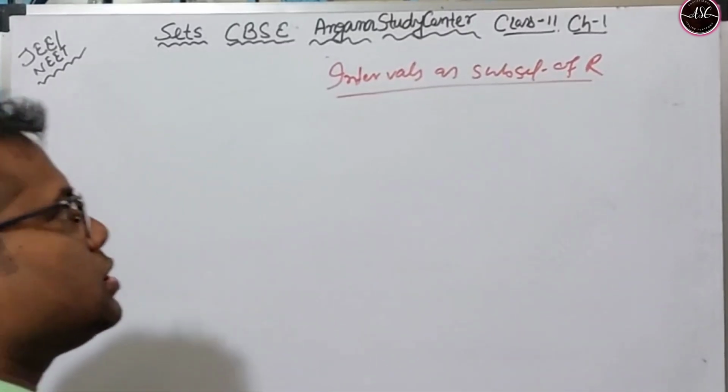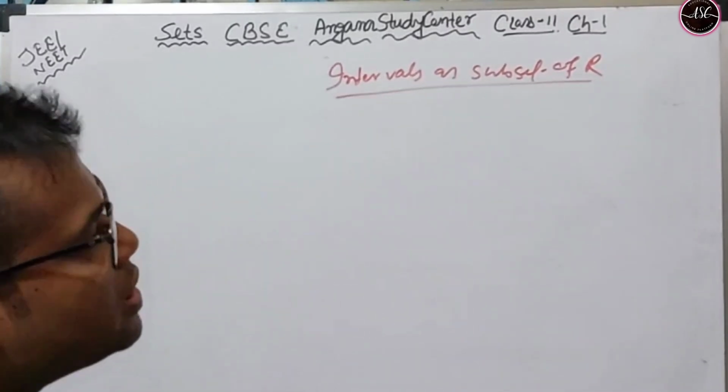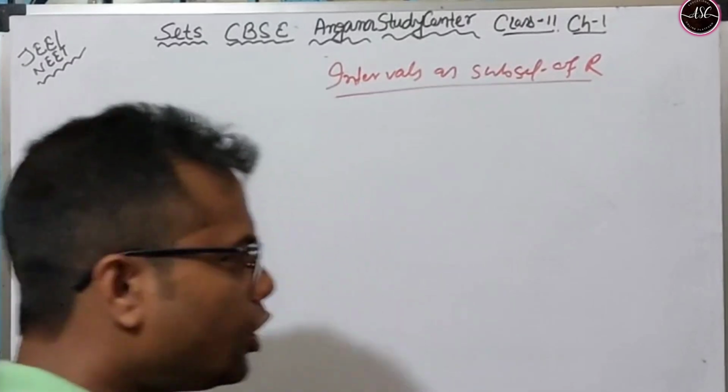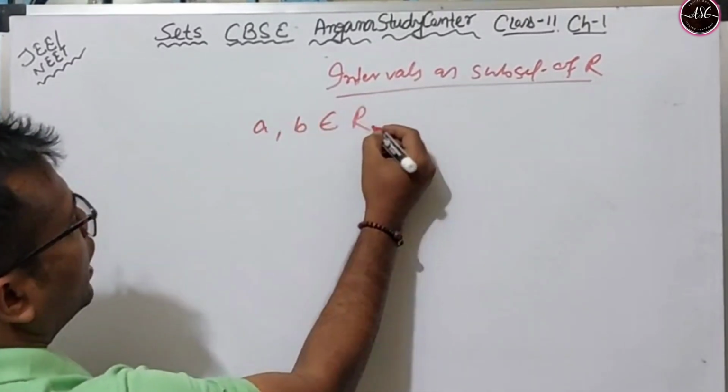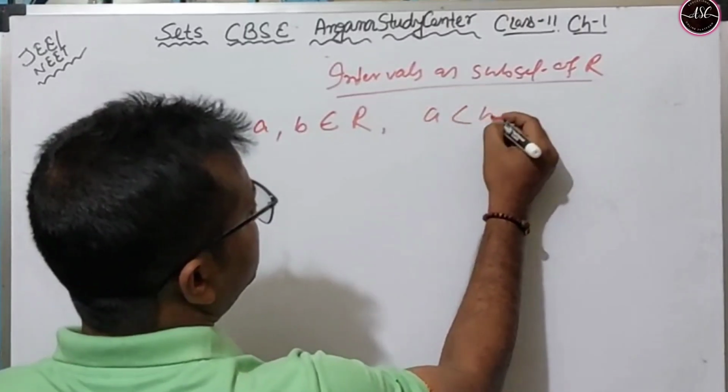Now we will discuss this topic, intervals as subsets of R. Let a, b belong to R, a less than b.